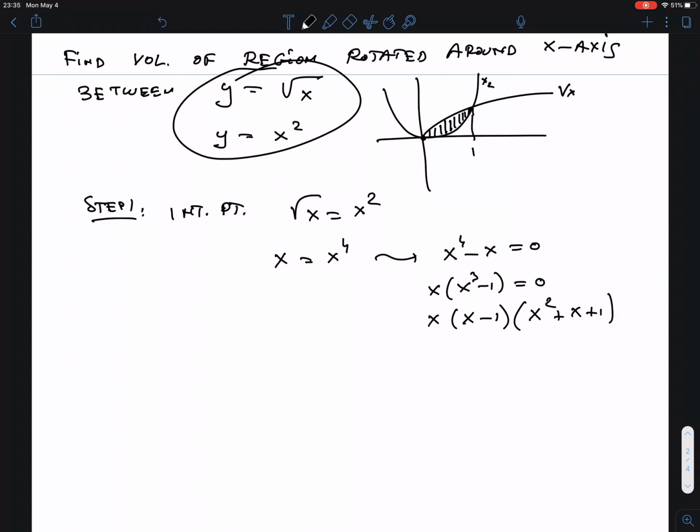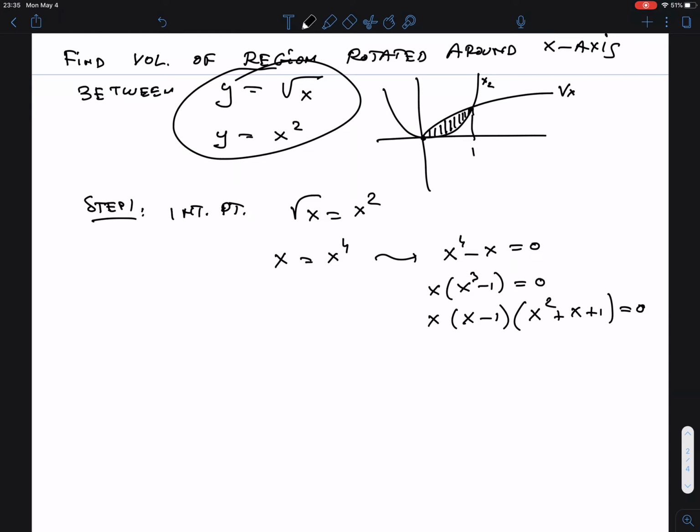I'm not going to explain how you do this factoring. I'll give you problems where the factorization is more obvious. But why do I know that x minus 1 is a factor? Because if I plug in 1, I get 1 minus 1, which is 0.